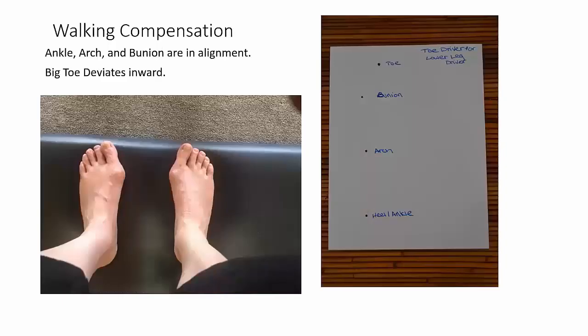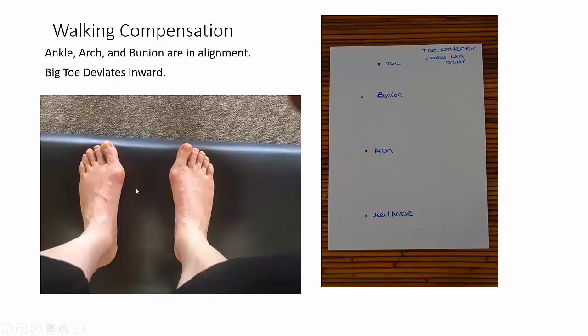Okay. The walking bunion, this is when the ankle, the arch, and the bunion are essentially in the same line, but then there's a big toe deviation. These are the ones that when you're walking, they are having a tracking problem of their knee that's actually causing the knee to go over the big toe or on the inside of the big toe and causing a big compensation there.